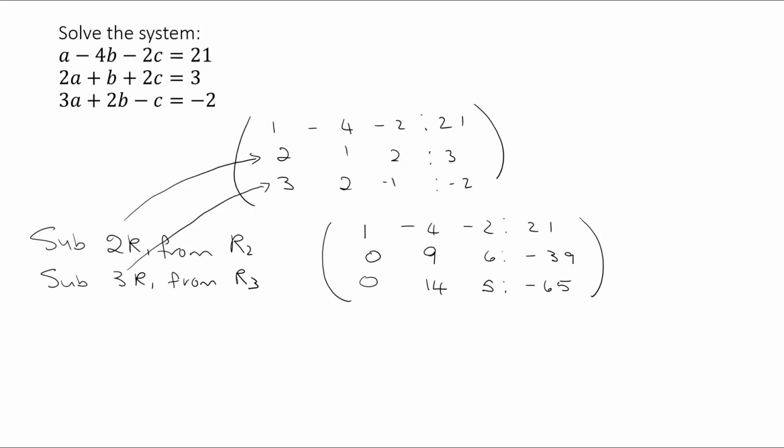Now, all we've got to do is to get rid of the 14, and if we subtract 14 over 9 times R2 from R3, we're good to go. Then we have enough zeros to be able to start working backwards.